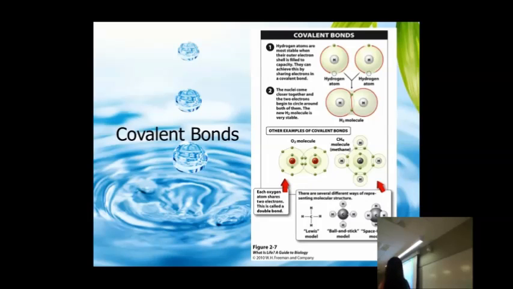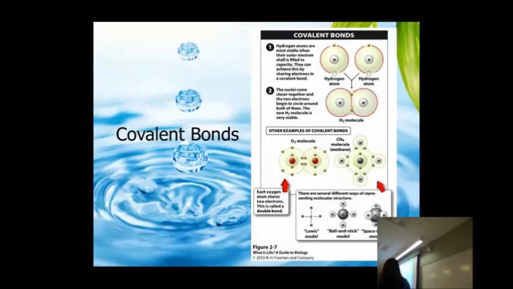So in the first type of bonding, covalent bonding, atoms are most stable when they have their outer electron shell filled to capacity. If we have this outer shell right here, they're going to be the most stable when it is filled to capacity. So this hydrogen atom has one electron, and this other hydrogen atom has one electron.